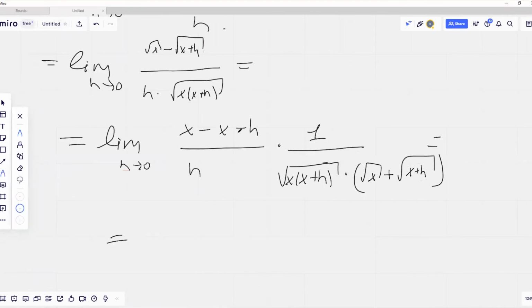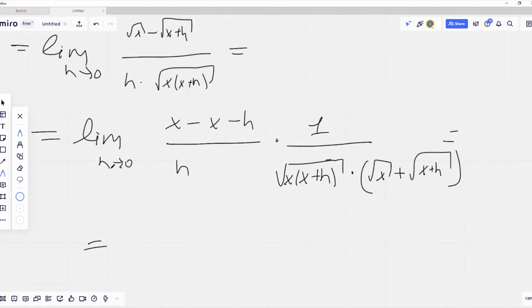So this is minus h, so this is minus 1. Then if we substitute h equal to 0, we'll end up with 1 over root of x squared, which is x. Here we'll have again 2 root of x.